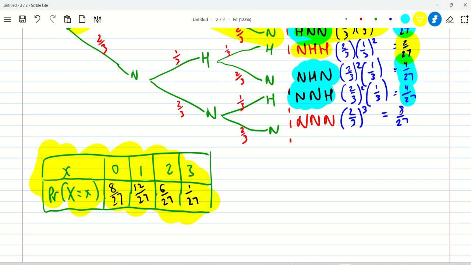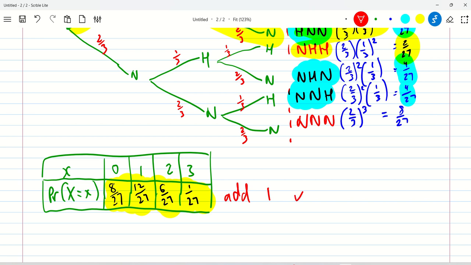Now, a couple of things to tell you about a probability distribution table is that always those probabilities need to add up to 1. Okay, and so it's always a good check to have a look at that and make sure that all those numbers add up to 1. 8 plus 12 plus 6 plus 1 is equal to 27. So that's 27/27.